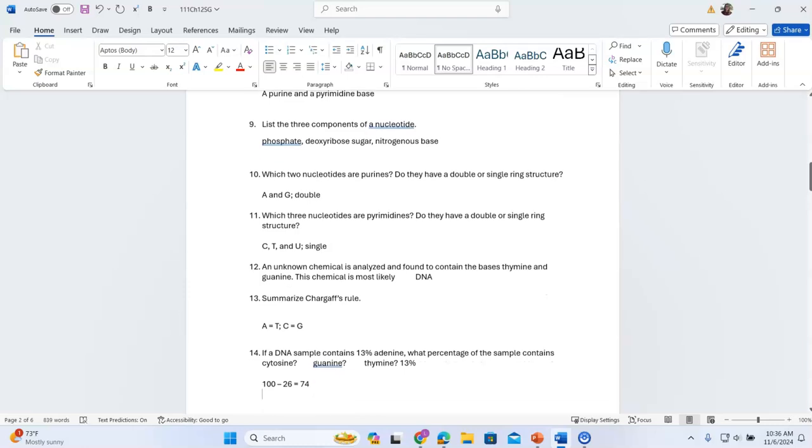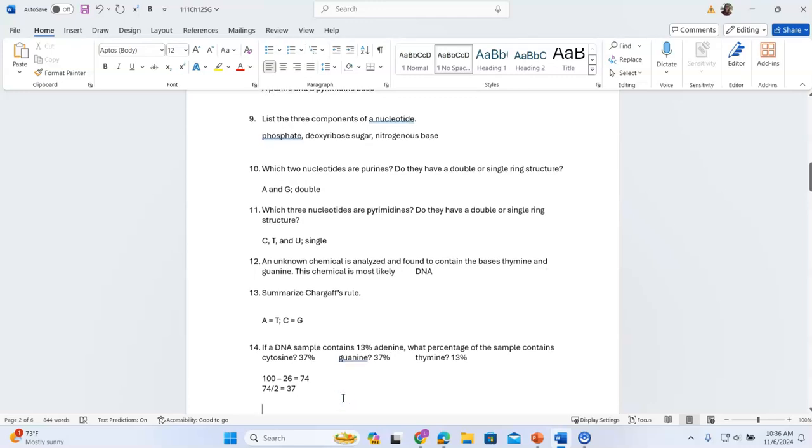Since they're equal, 74 divided by 2 equals 37. So cytosine is going to be 37%, and guanine is also going to be 37%. And just to check, make sure they all add up: 37, 37, 13, and 13 add up to 100. So that is how you would figure it out.